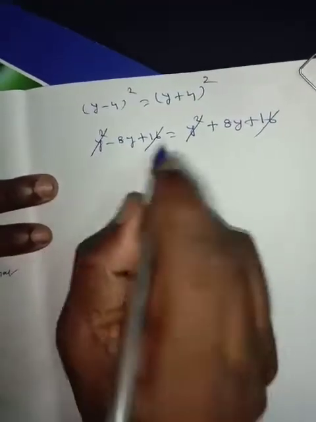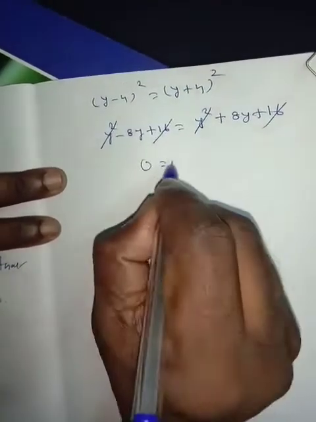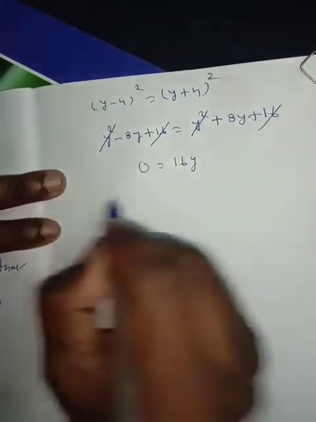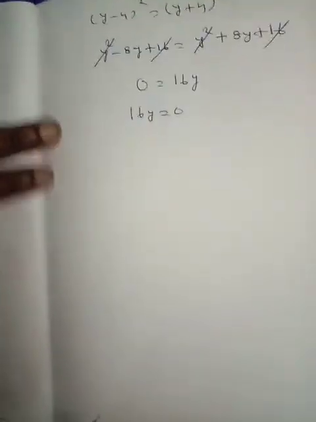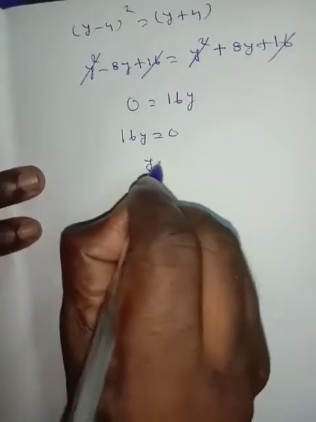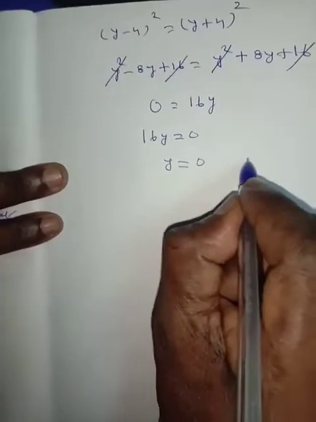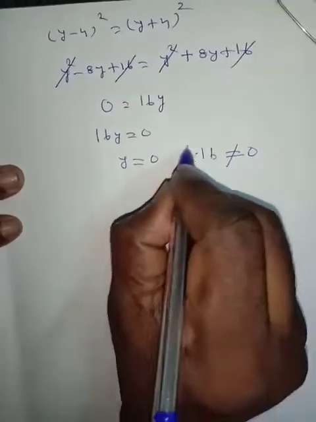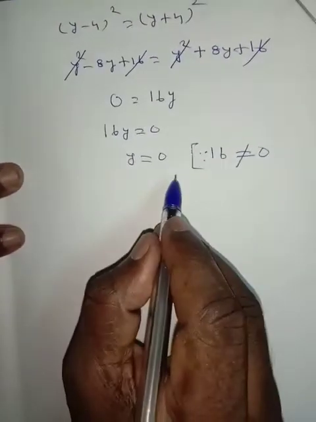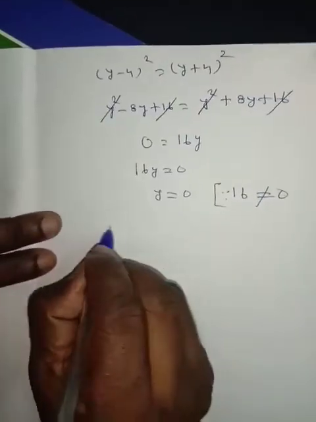So 0 = 16y, so 16y = 0, which implies y = 0, since 16 is not equal to 0. y = 0 means the x axis.